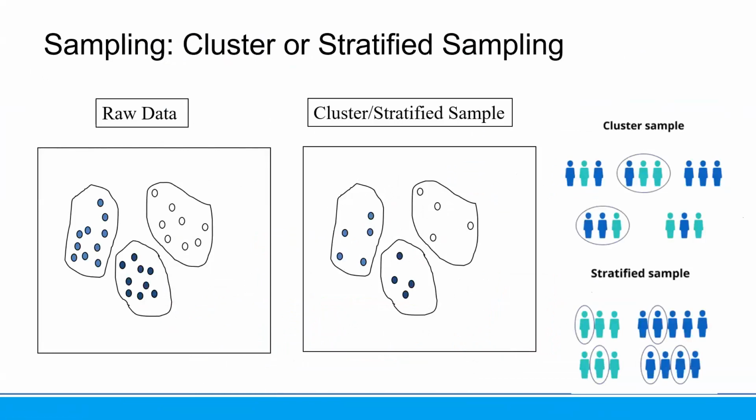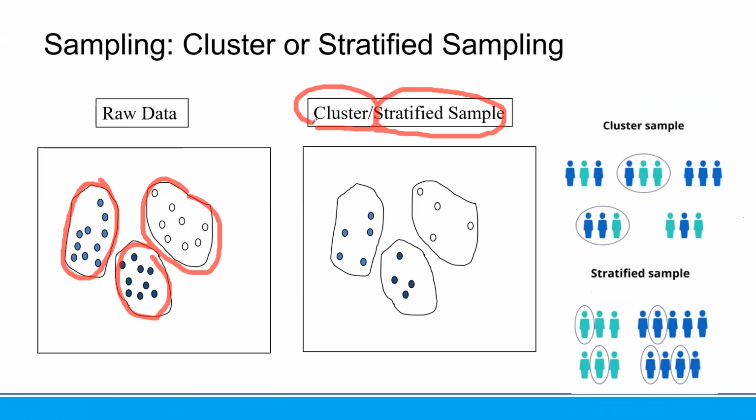If we have the clusters, for example, I know that my raw data can be clustered or grouped into this light blue, dark blue, and white. So with this stratified sample, or we call it, this is cluster sample.